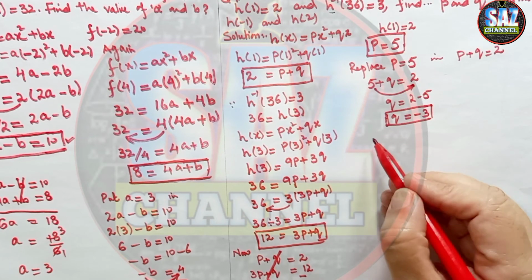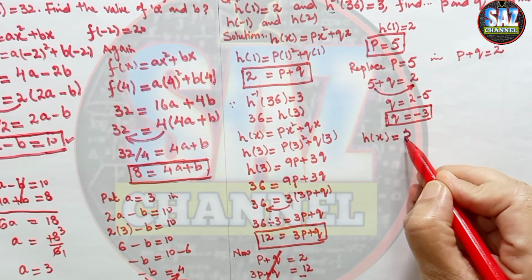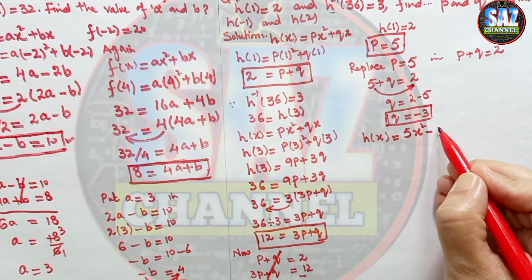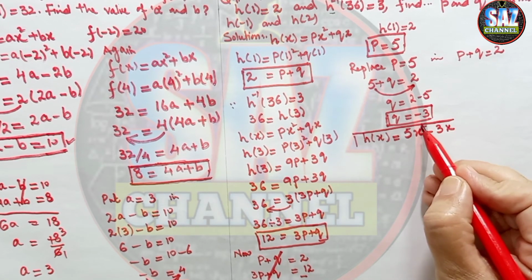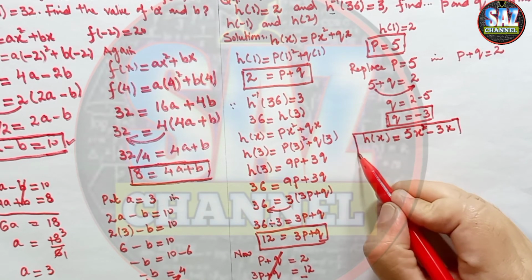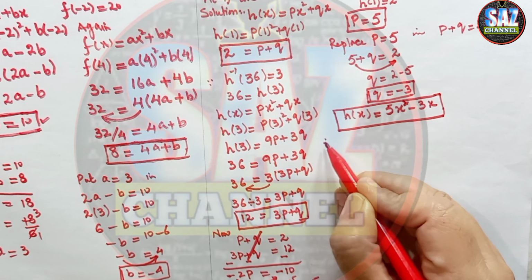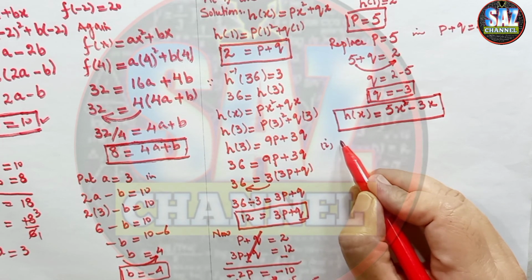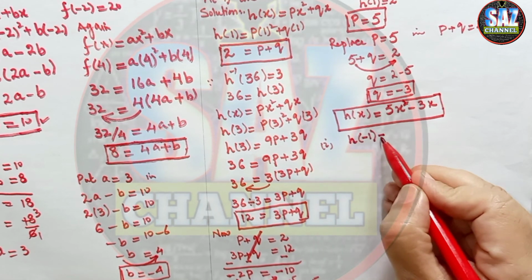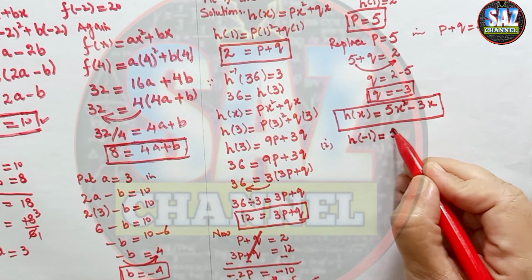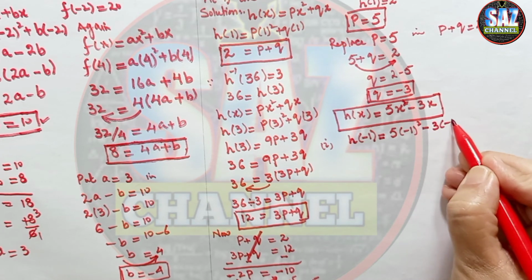Now the function will take the form h of x will become p is 5x square and q is minus 3x, and block the function. This is our required function with the numerical values of p and q, and after this I have to evaluate h of minus 1. So instead of the variable, the input of the function is minus 1: 5 into minus 1 square minus 3 into minus 1.